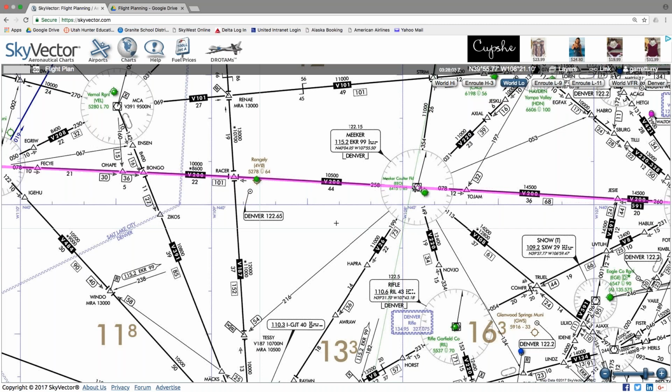If you look at the Meeker VOR, this Victor route flies on what radial? 258. So I don't know why you put 260, but it's 258.